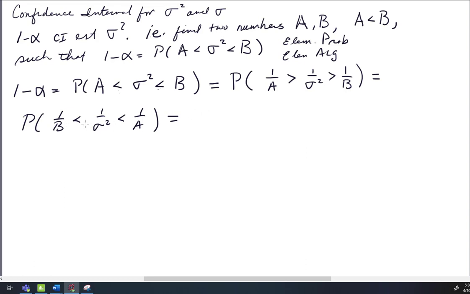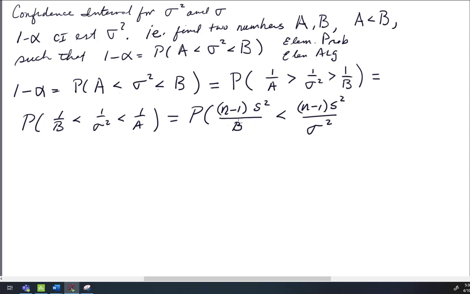Now what I'm going to do is to multiply each member of the inequality by the same thing, and that doesn't change the inequality. So I could multiply by 2, multiply by 2, multiply by 2. The set described here would be the same, and so the probabilities would be the same. Now I'm not going to multiply by 2. I'm going to multiply by n minus 1 s squared, and then the B that was there is still there, less than n minus 1 s squared over sigma squared.